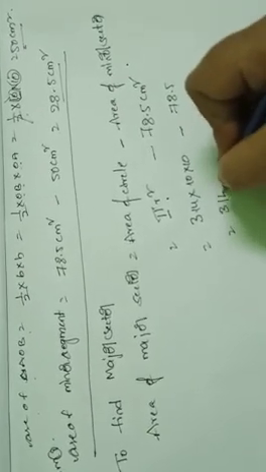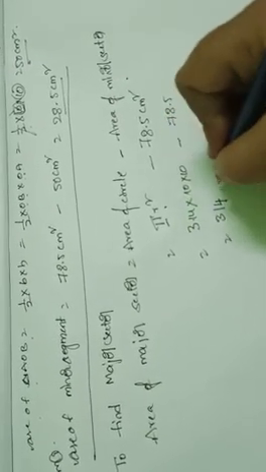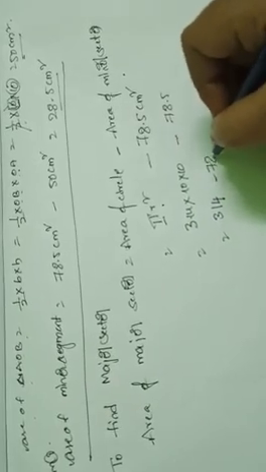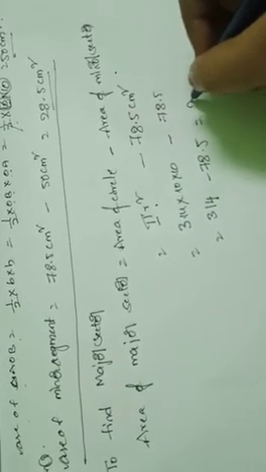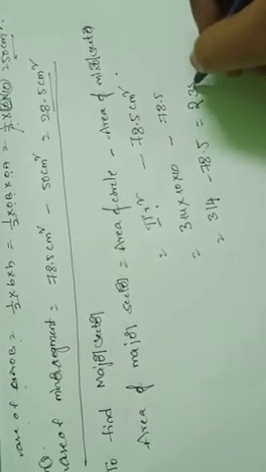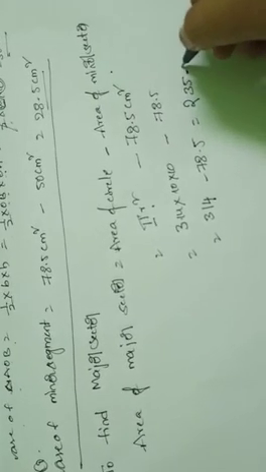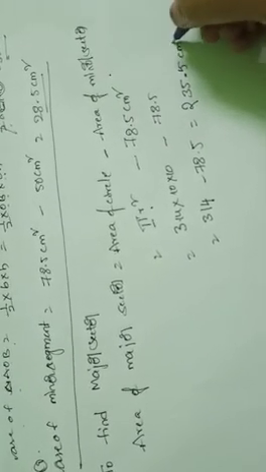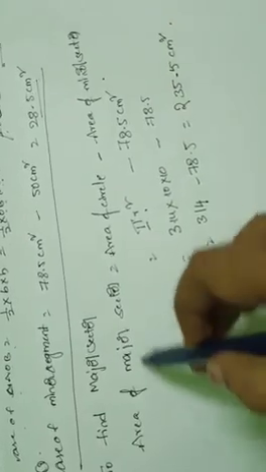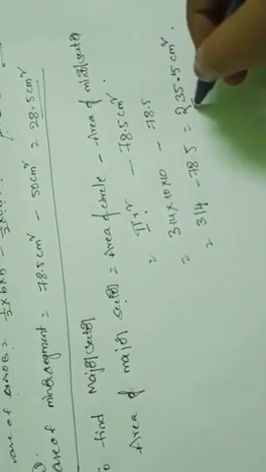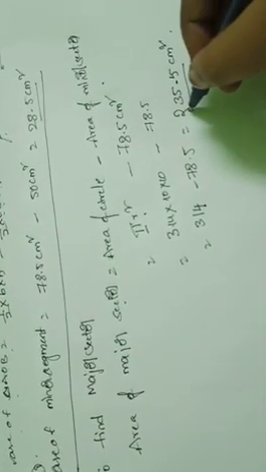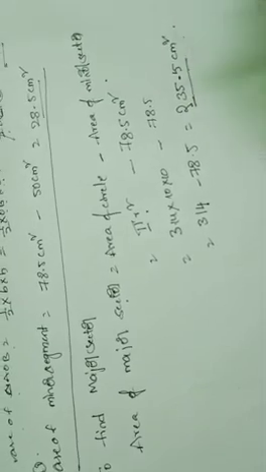This one equal to 314 minus 78.5, which is equal to 235.5 centimeter square. Therefore, area of the major sector equal to 235.5 centimeter square.